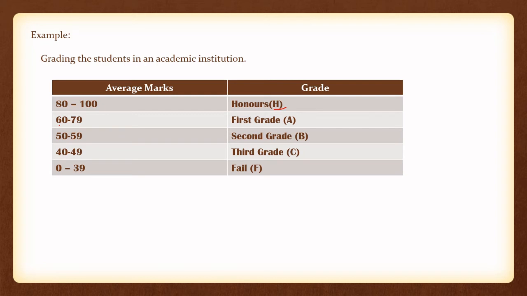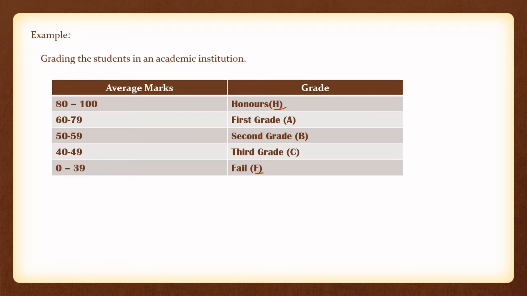If a student got average marks in the range of 60 to 79, you can give the grade A. For 50 to 59, grade B. 40 to 49, grade C. 0 to 39, grade F.